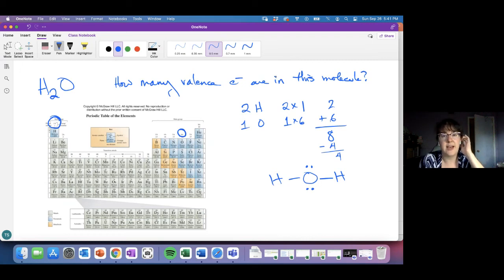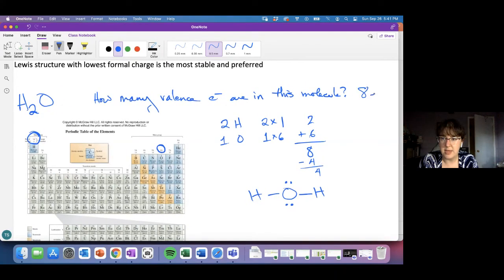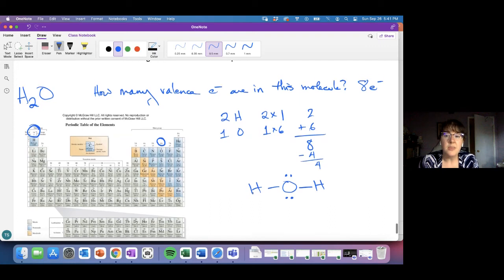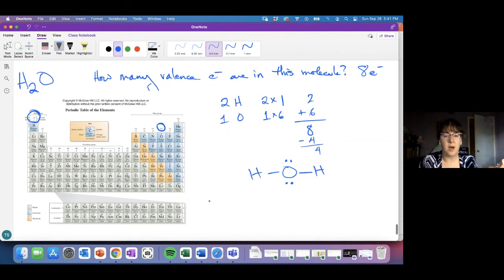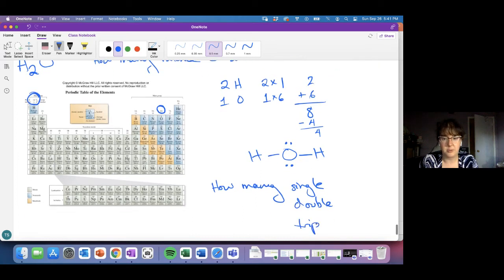Now here, I could have asked how many valence electrons are in the molecule. That actually is 8. That was the first thing I counted, and we figured out. Then there are other things that I can do. I could ask other questions like how many single, double, or triple bonds are present.